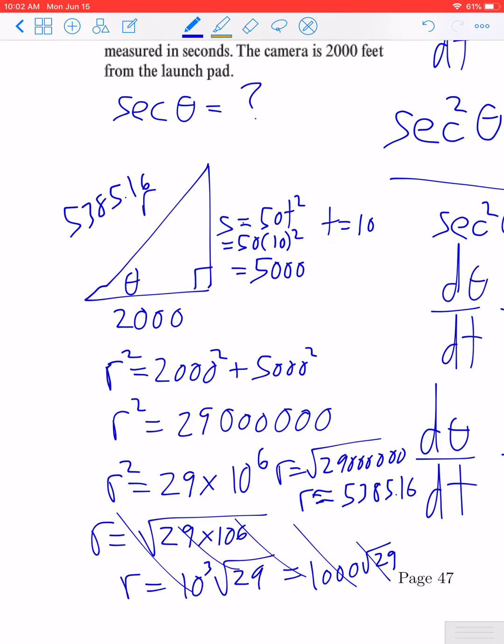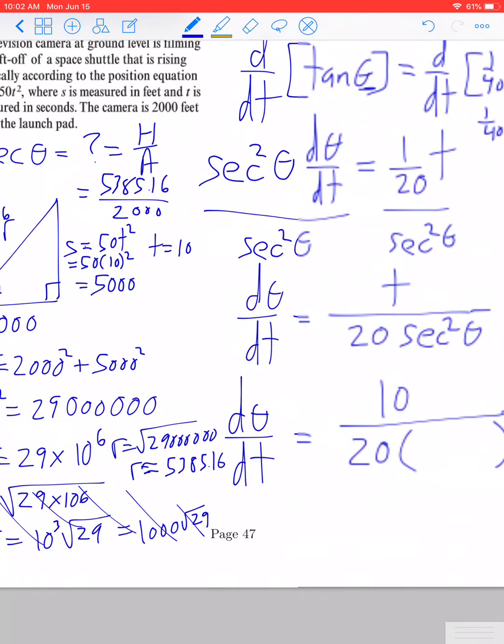And then recall that the secant is the reciprocal of cosine. Cosine is adjacent over hypotenuse, so this would be hypotenuse over adjacent. So our secant of theta is going to be that 5,385.16 divided by 2,000.